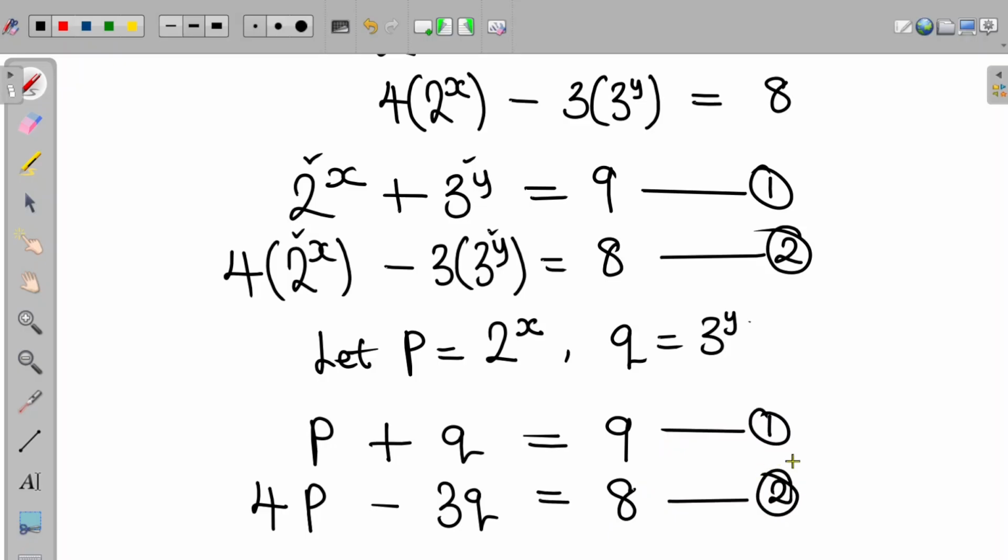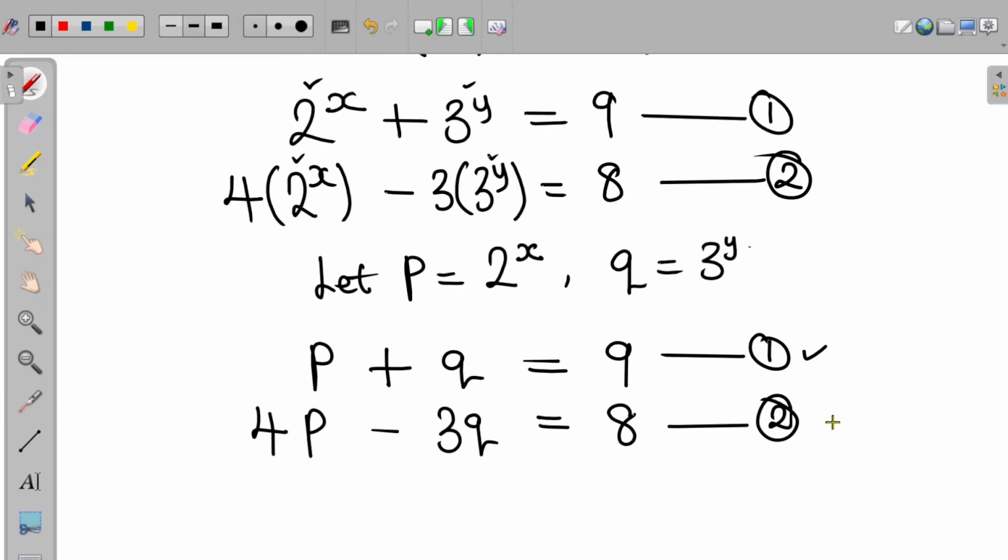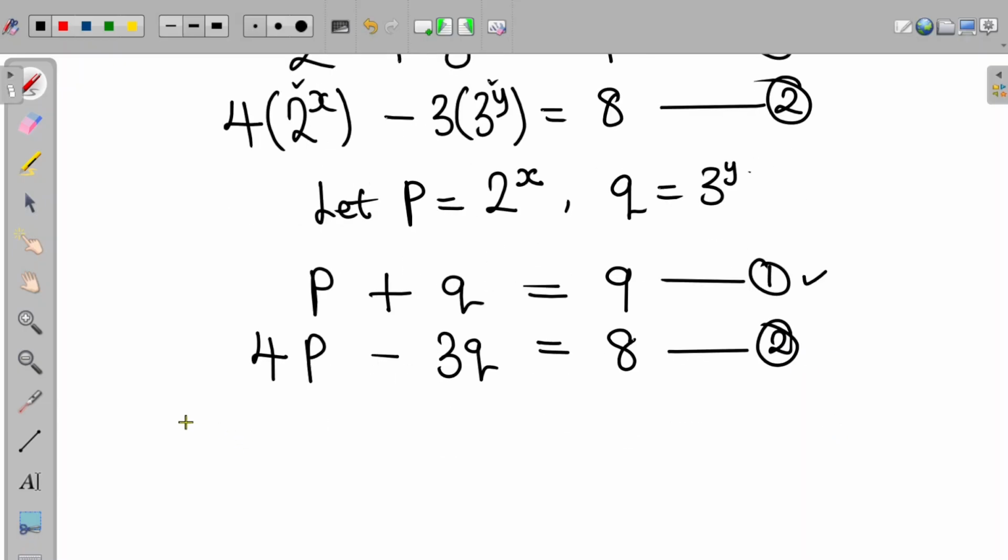Now at this point, we can solve equations 1 and 2 simultaneously. The first thing we do is make p or q the subject of the formula in equation 1 and substitute into equation 2. From 1, p is equal to 9 minus q. So we substitute this expression into equation 2.